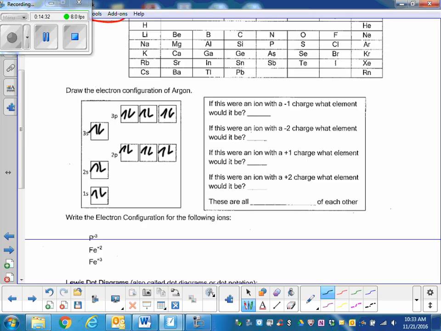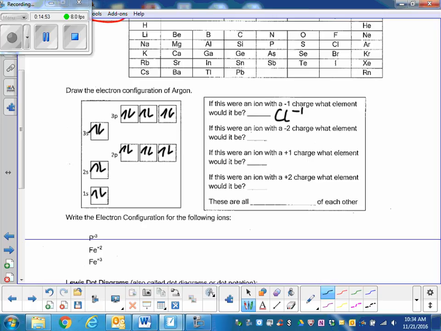Argon has 18 electrons. Which element can gain 1 more and become 18? Chlorine -1. So chlorine -1 can gain 1 more and have 18 electrons.